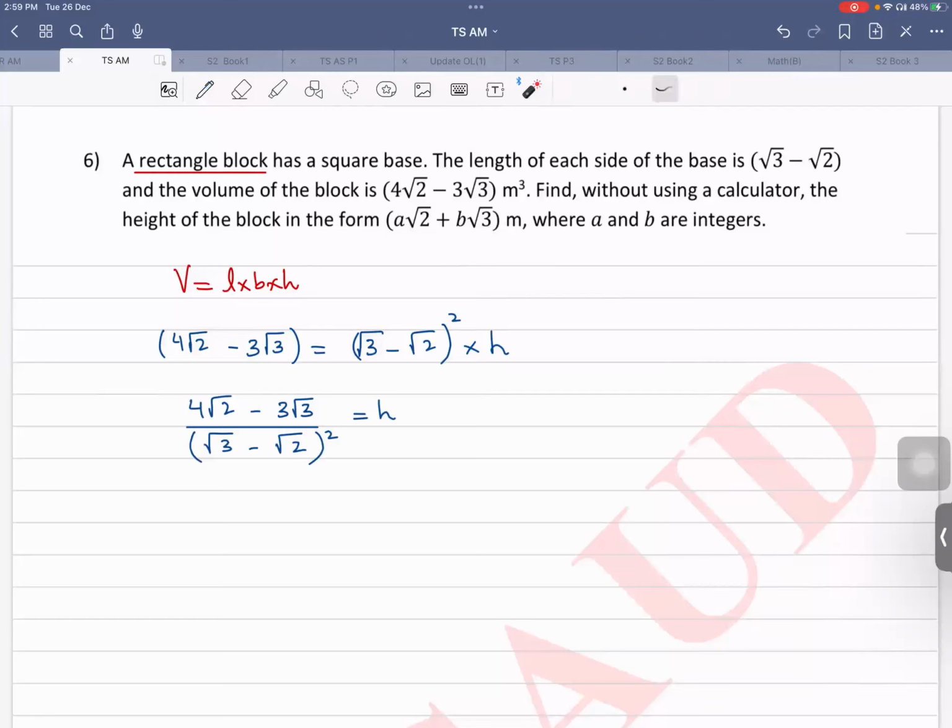You will first expand this bracket using the algebraic identity, and then you will rationalize it. But you will do it in the last 10 minutes of the class. I have to discuss one more question.